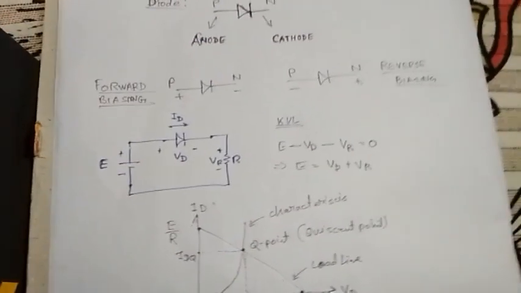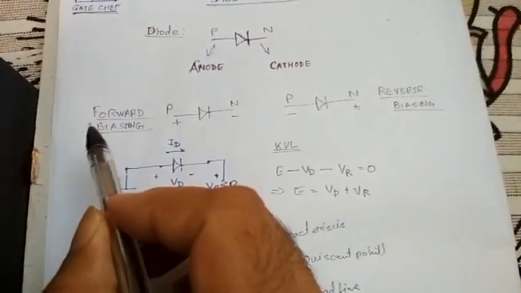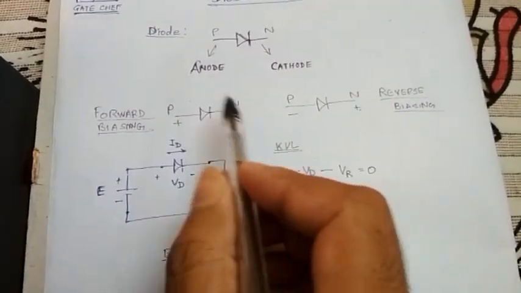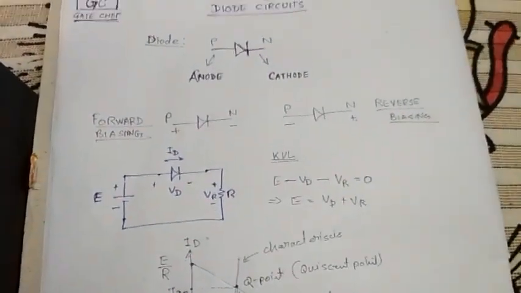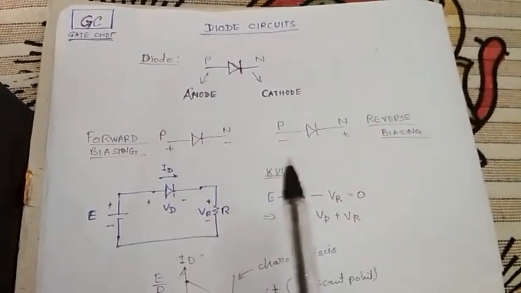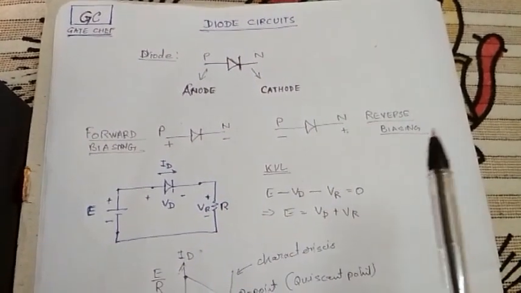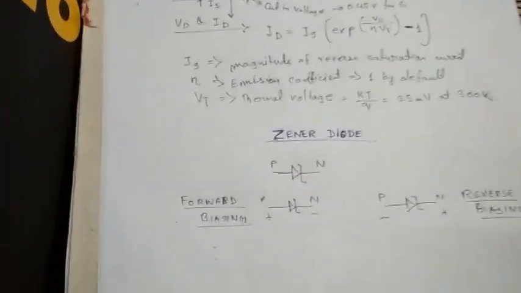Now, what is the thing? In PN junction, generally we give forward biasing to this device, but if we give the reverse biasing to this diode, practically these diodes may burn out.